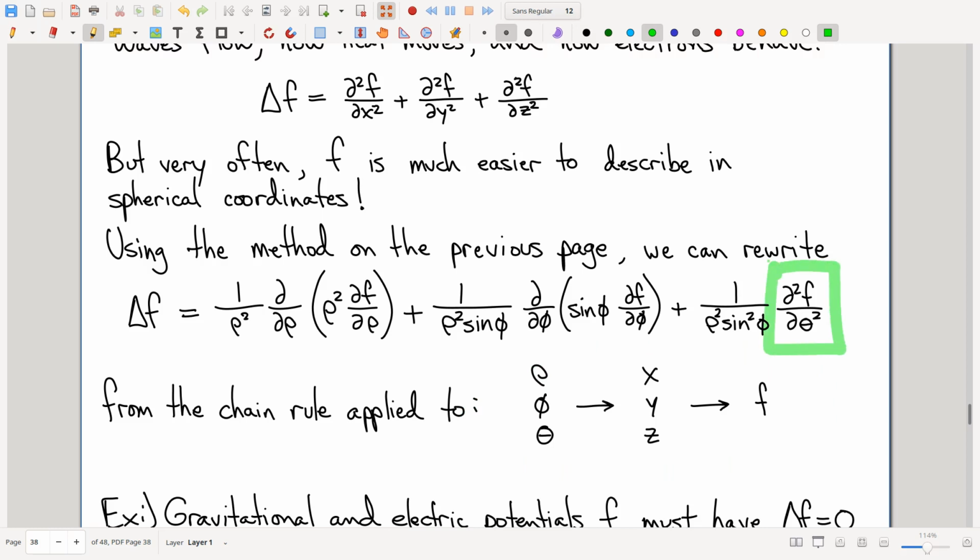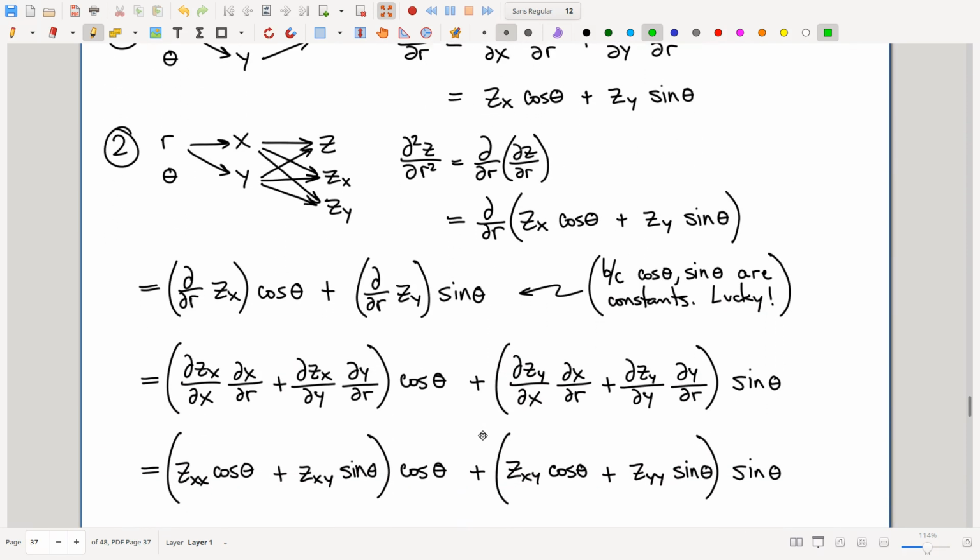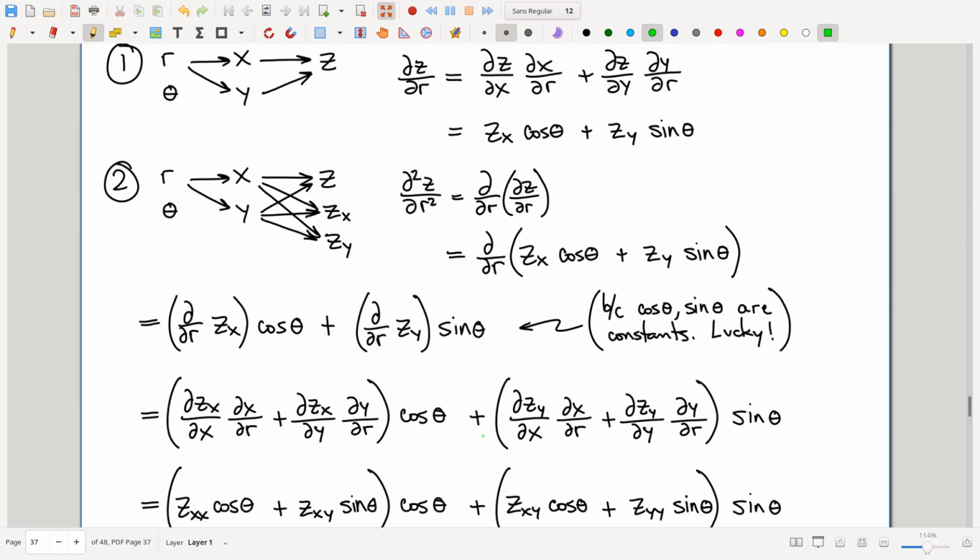So for example, I could then ask, what's the second partial with respect to theta? Well, here's f, here's theta, and just like we saw on the previous page, we have a chain rule partial to which we are then going to do another chain rule partial. Just this one little part here is basically one of these problems here.